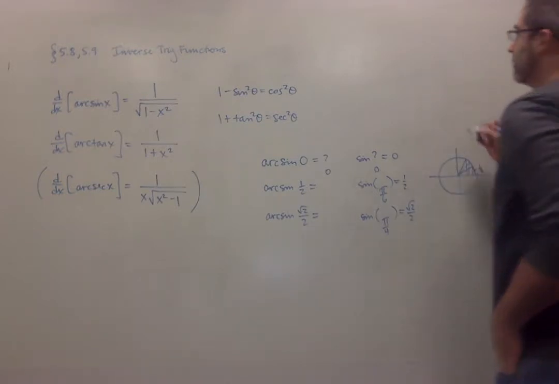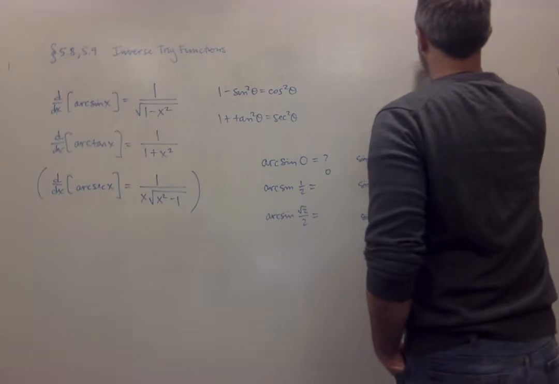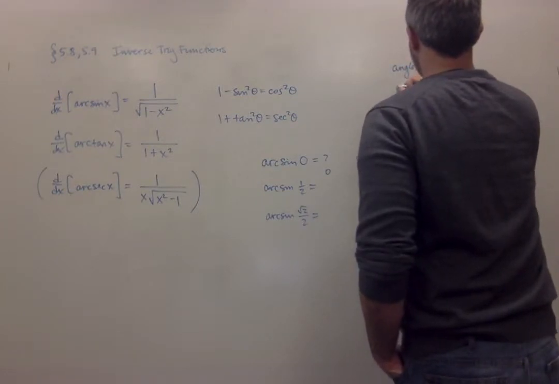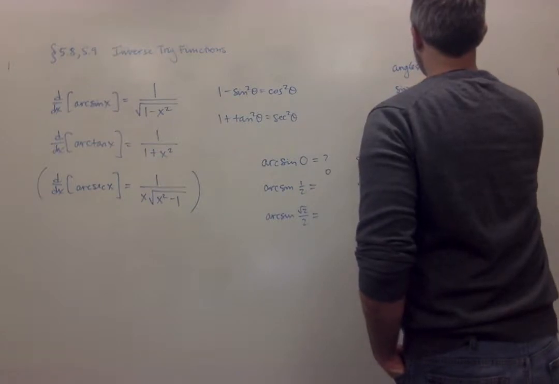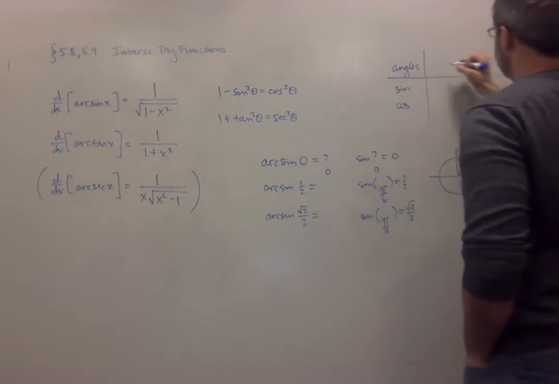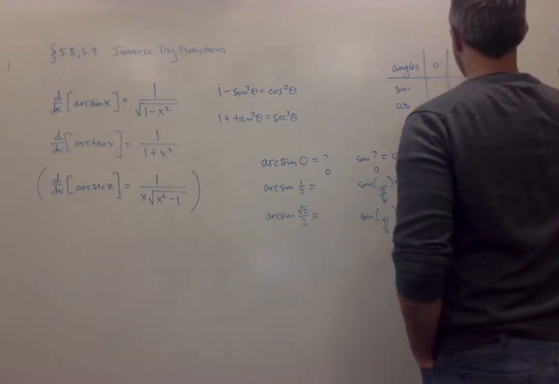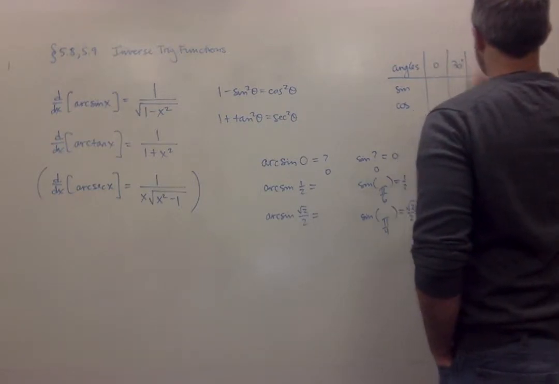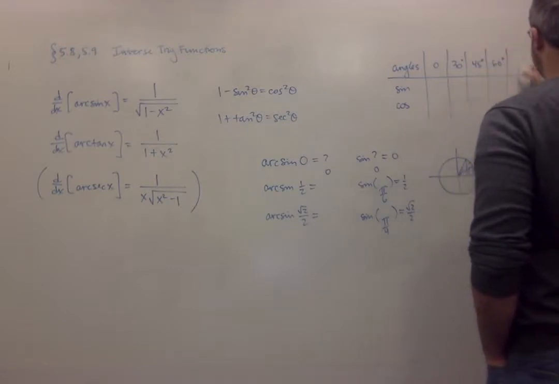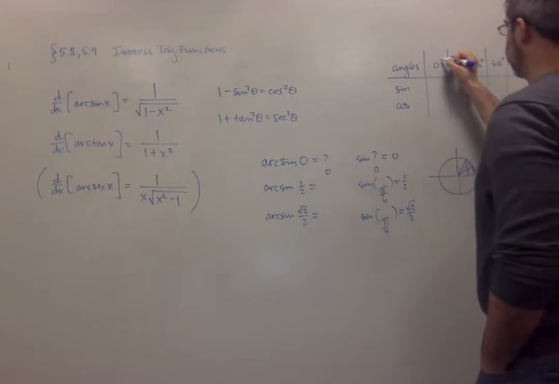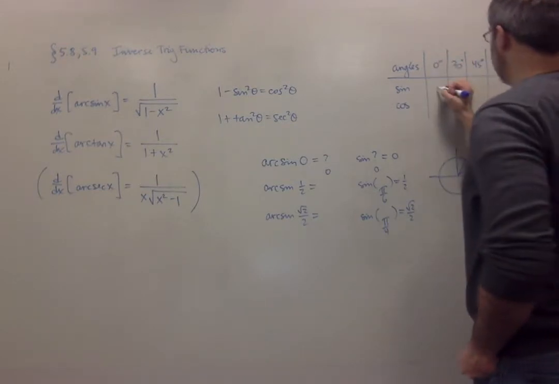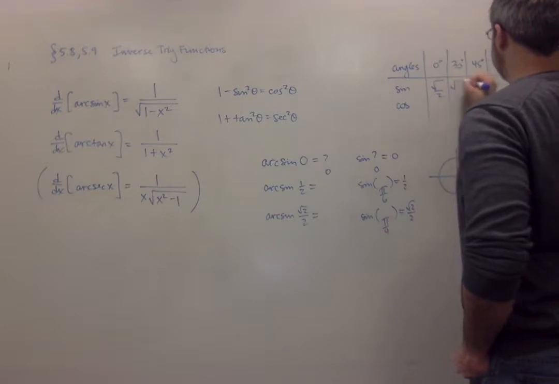Okay, if you recall, let me maybe draw up this table one more time. So we had angles, and then the sine and the cosine of those angles. Okay, we had 0, 30 degrees, 45 degrees, 60 degrees, and 90 degrees. And the trick that I showed you here was to write the square root over 2 in everything.